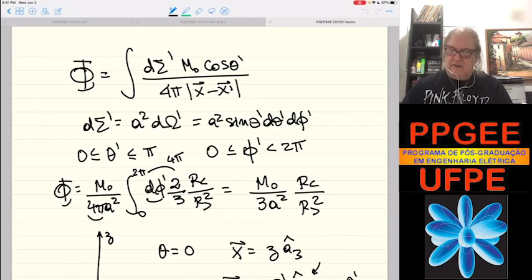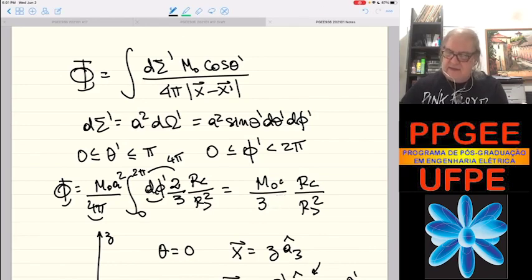No. That's totally wrong. There's no a squared on the denominator. Why did I put it here? It's a squared. Sorry about that. There's an a squared that is in the upper, not in the lower part. m0 a squared over 3.